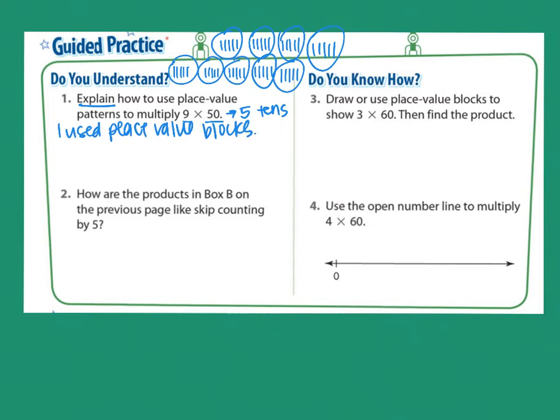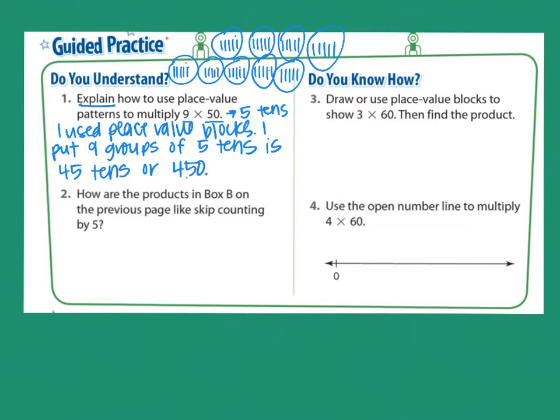Okay, I put them into 9 groups of 5 tens, which is 45 tens. So if I counted 5, 10, 15, 20, 25, 30, 35, 40, 45 tens, which is the same thing as 450.